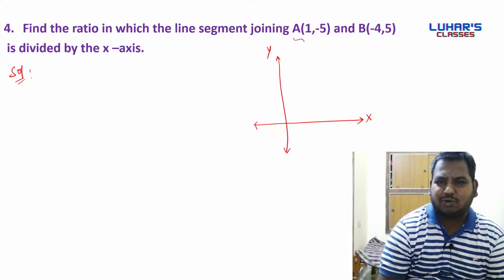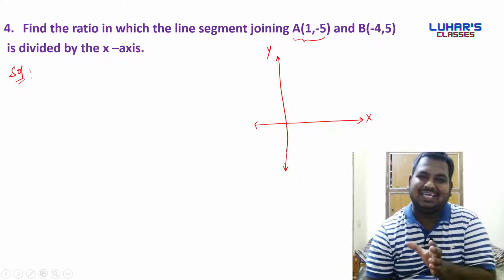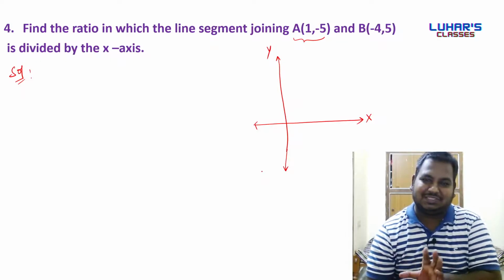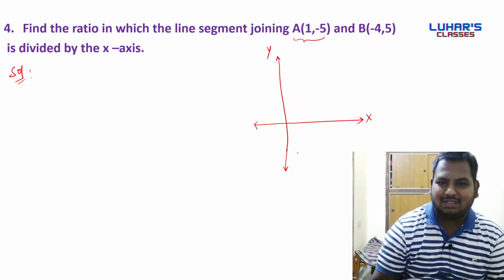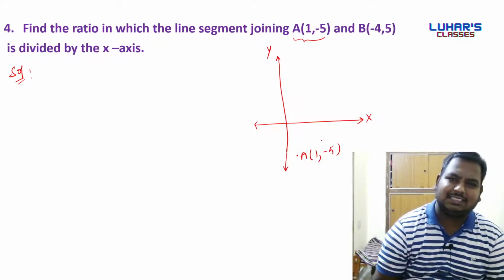So the first point, 1 comma minus 5, will be somewhere here. Lines are not straight, I know, but you adjust. So here we'll have point A of 1 comma minus 5 somewhere.